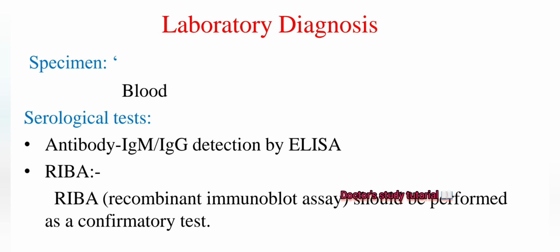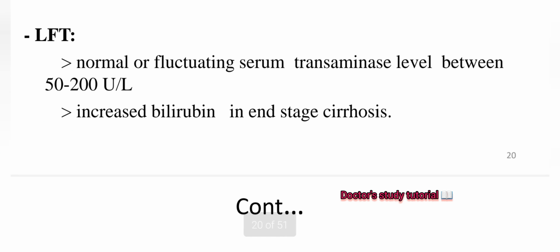Laboratory diagnosis: specimen is blood. Serological test: antibody IgM and IgG detected by ELISA. Here IgM is detected first, then IgG, because IgM is the primary immune response. It will be detected first. Then recombinant immunoblot assay should be performed as a confirmatory test.